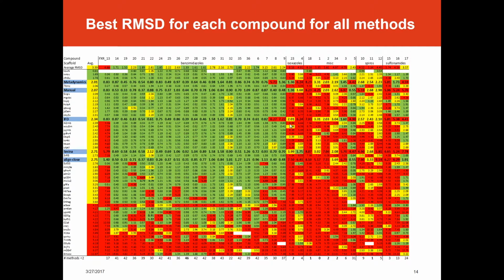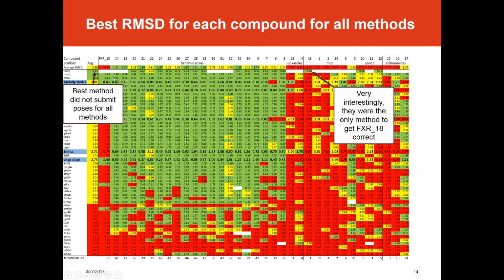This is basically everyone's best results. On the left is each method and the average RMSD of each method, and each square is the best RMSD of that pose for that method. And as has been mentioned before, most people did well in the benzimidazoles.